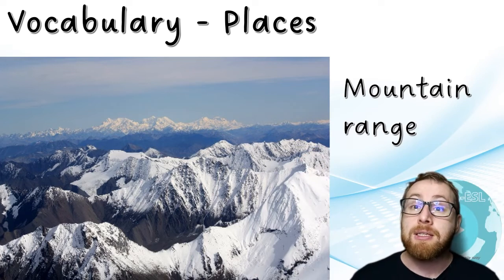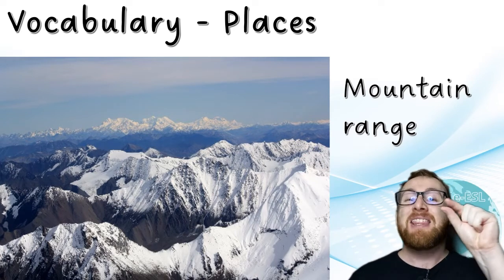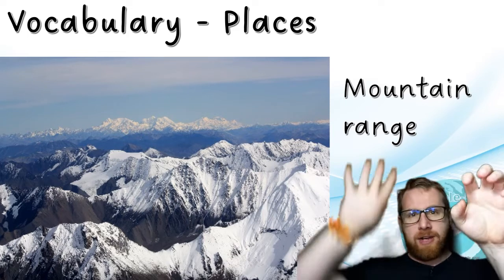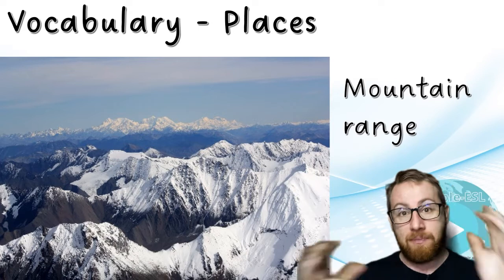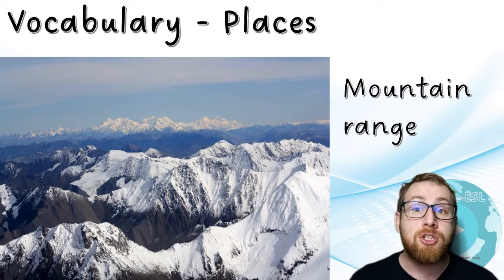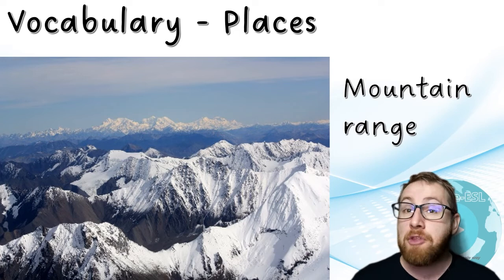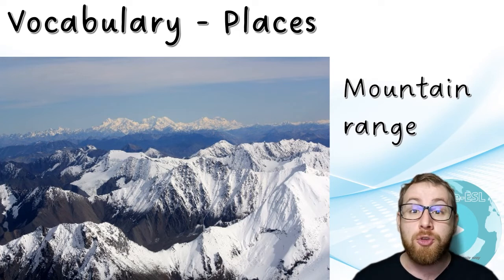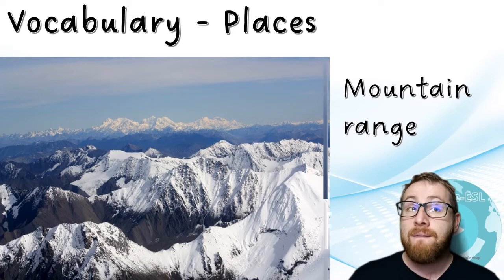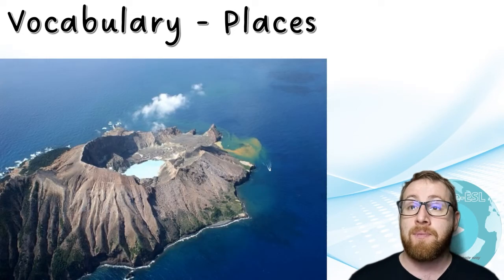There's no trees. The air is thin. It's hard to breathe. It's tiring climbing the mountain. So would you have to bring shelter? Will you have to bring food? What would you do to get food? Living on a mountain range, very difficult.